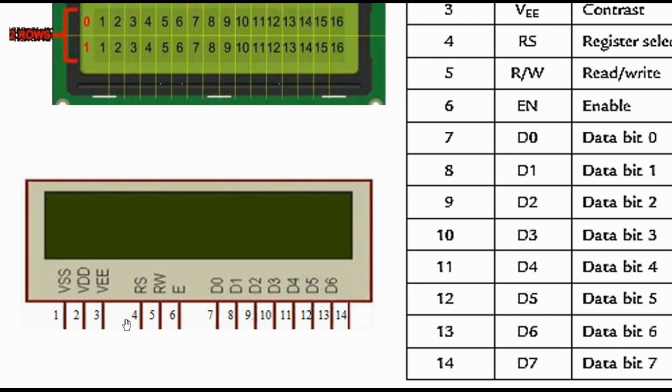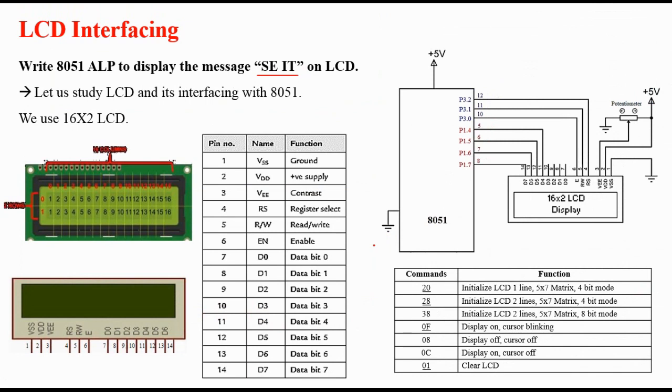Then there is RS. It is called register select, which is the 4th pin. Then there is RW. It is the 5th pin. Then we have enable. It is the 6th pin. You will observe right from pin number 7 to pin number 14, there are data lines D0, D1, D2, D3, D4 and likewise. This table shows the pin description that we have discussed right now.